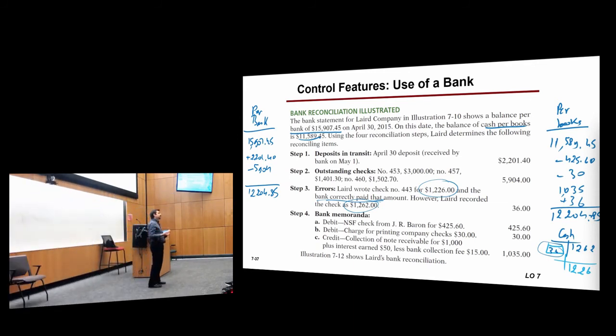When the bank does that, it does not do that because they love you. They want their commission. They will charge you $15. In this case, it will be 1,000 plus 50 minus 15. The total will be 1,035. This is basically the net collection on that note receivable. Okay? So this is what happens.